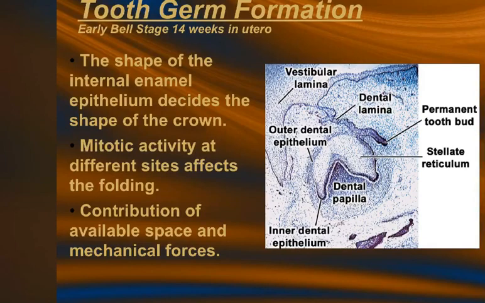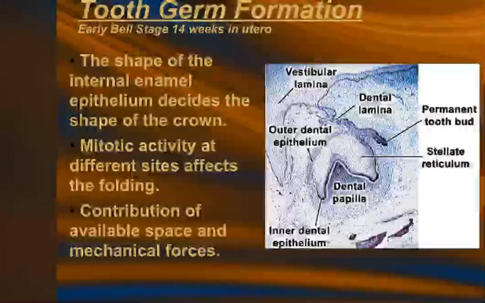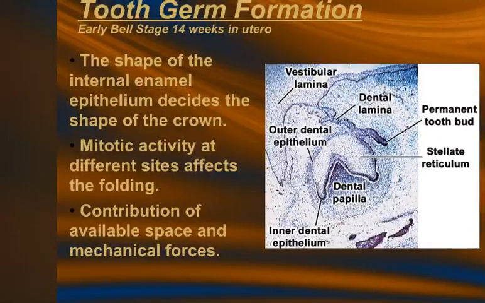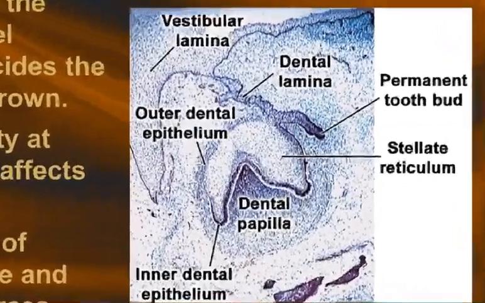So the variation in the mitotic activity within the area of the internal enamel epithelium, this variation in mitotic activity at different sites leads to the shape of folding. Contribution of available spaces and mechanical forces.